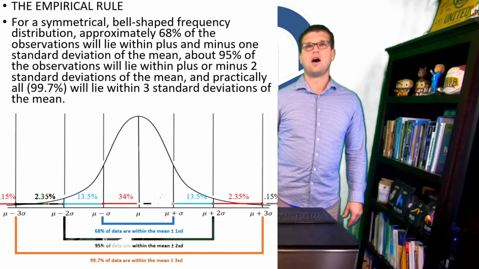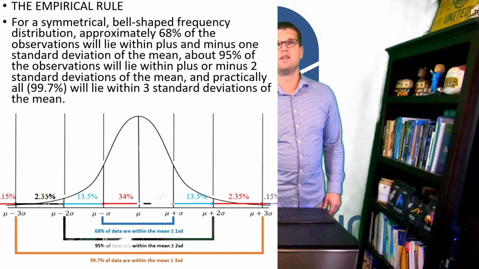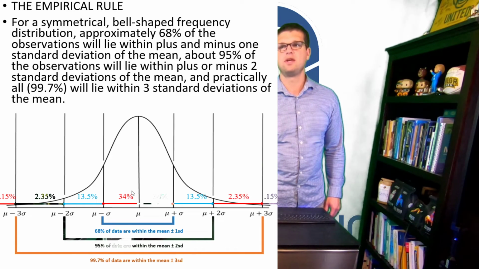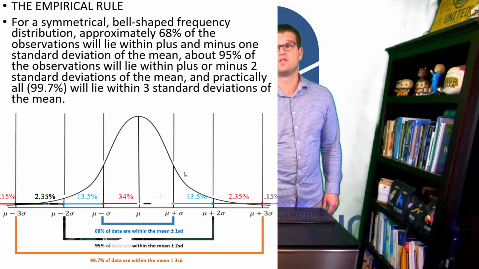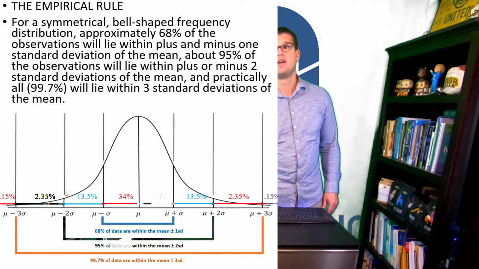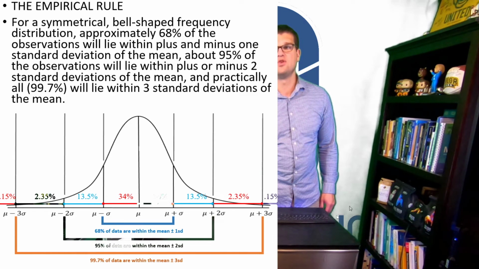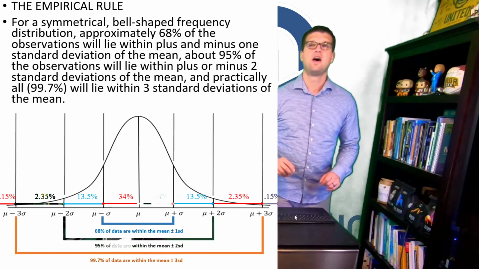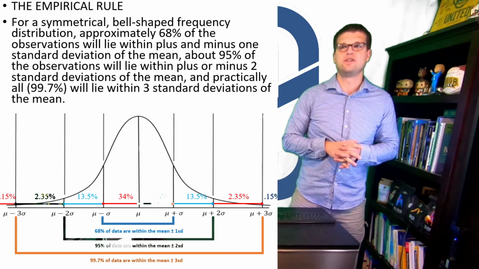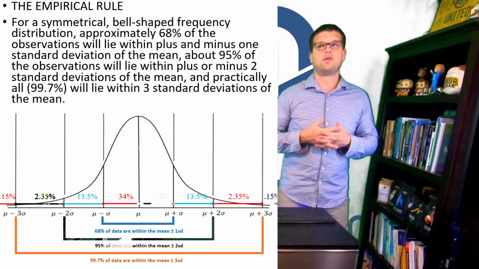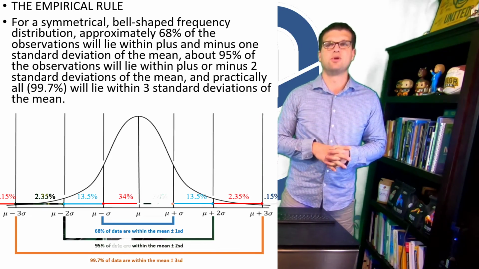So you've got 68% within one standard deviation, 95% within two, 99.7% within three, and off to the side you still have 0.15 percent on either tail beyond three standard deviations from the mean. But that's only with a pretty much perfectly normal distribution.